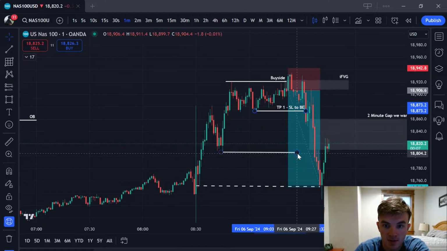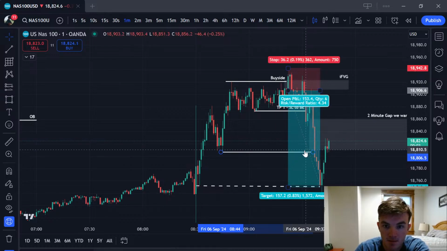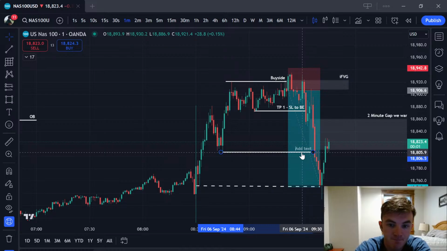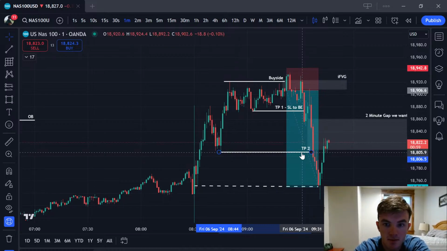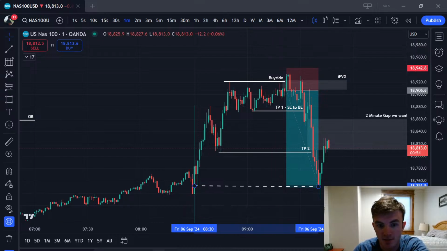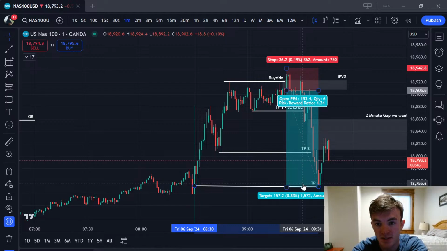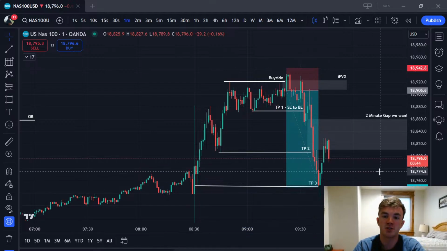This would have been TP2. And this would have been TP3. Amazing pre-market trade. This probably is the trade of the day, but a lot of times on days where there's good trades, there happens to be a few different good trades.